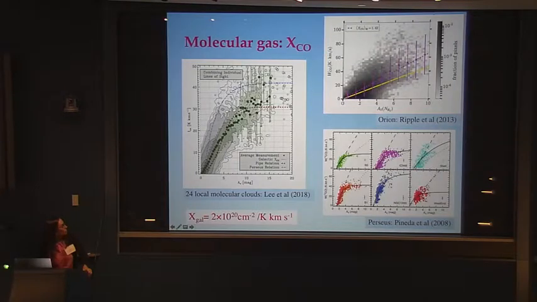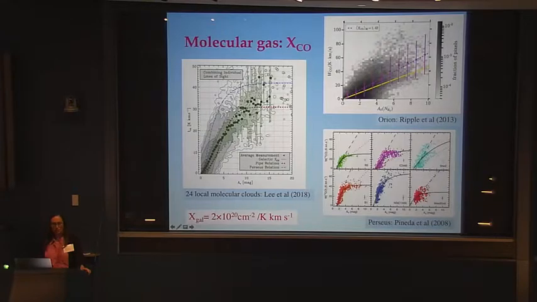And you can see that, first of all, different clouds have a different relationship. This is not some kind of fundamental relationship between the molecular emission and AV. It varies from cloud to cloud. But there's still an approximate linear relationship at column densities corresponding to AV less than about 10 or so. And this is for the Orion cloud.